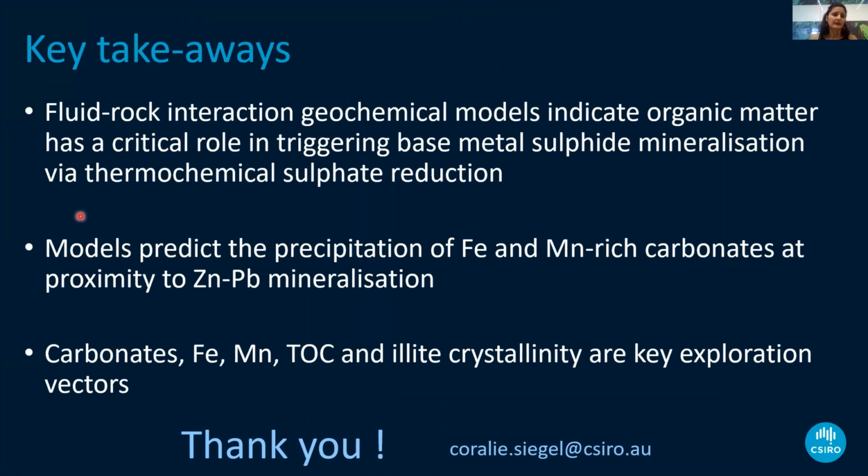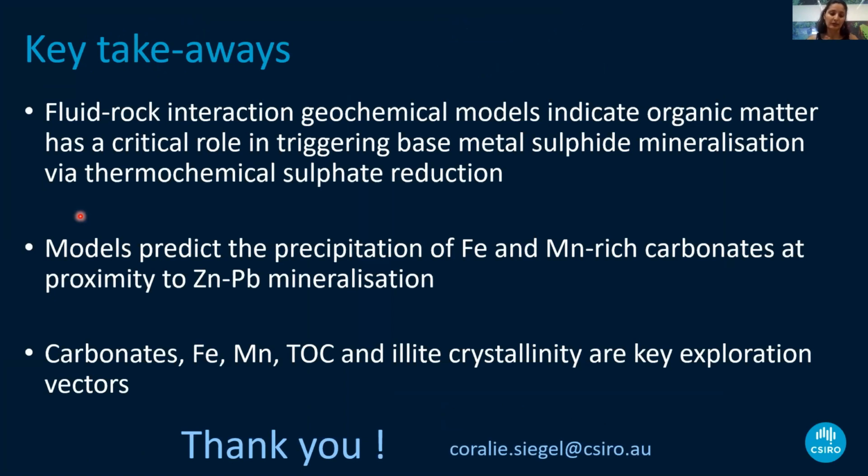So just some key takeaways here are our fluid-rock interaction geochemical models indicate that the organic matter has a critical role in triggering base metal sulfide mineralization via the thermochemical sulfate reduction. The models predict the precipitation of iron and manganese-rich carbonates at proximity to zinc-lead mineralization, and that is consistent with what we observed at Century.